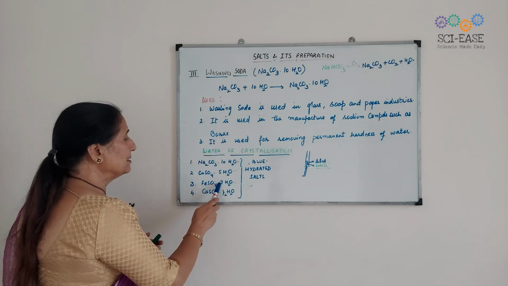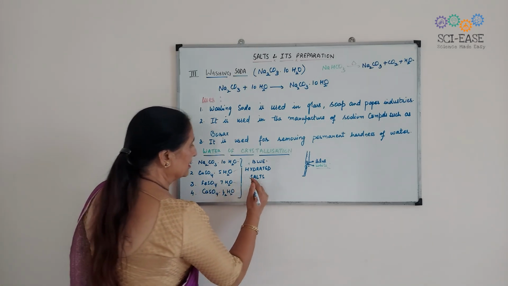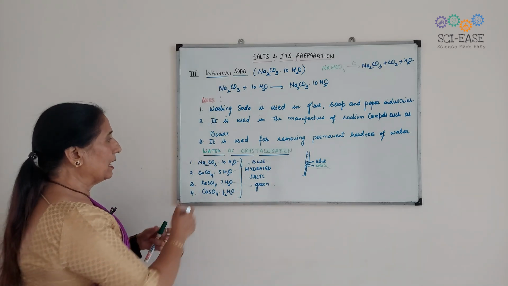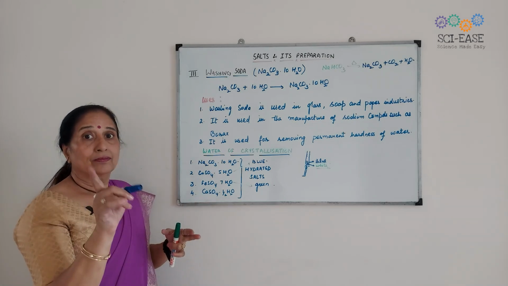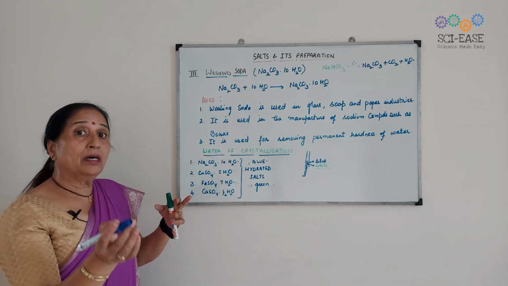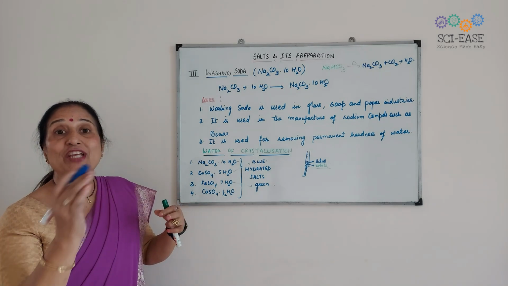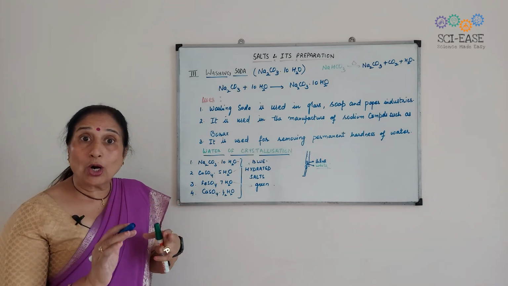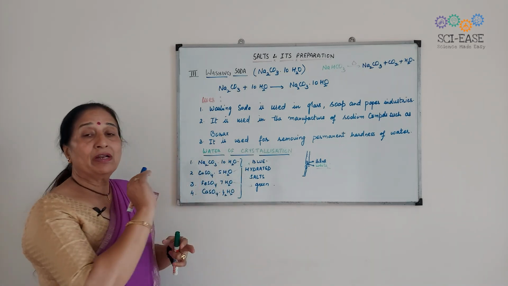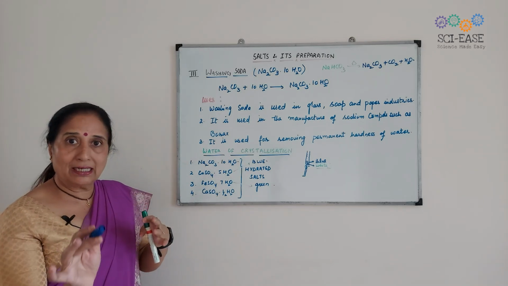In iron sulfate 7H2O, the salt is green in color. All these salts are not colored. In some of the salts, we can judge the removal of the water of crystallization by the change in color, but it is not always so. Na2CO3 10H2O, when the water molecules are removed, will remain white or colorless.